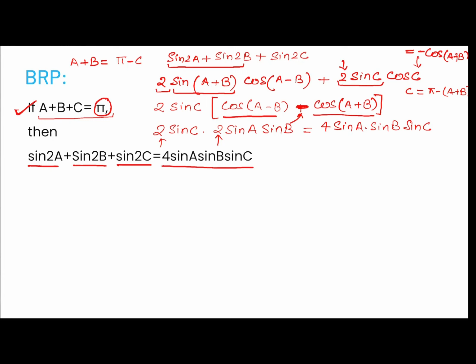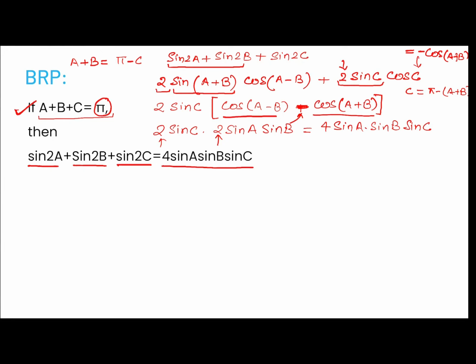We can also say that in a triangle ABC, where A, B, C are the angles of the triangle, sin of 2A plus sin of 2B plus sin of 2C is equal to 4 times sin A into sin B into sin C.